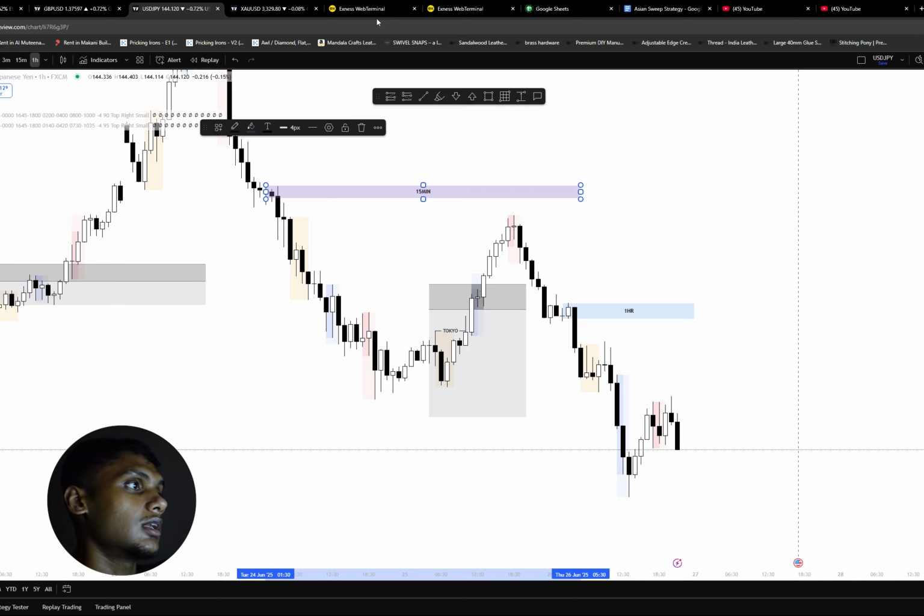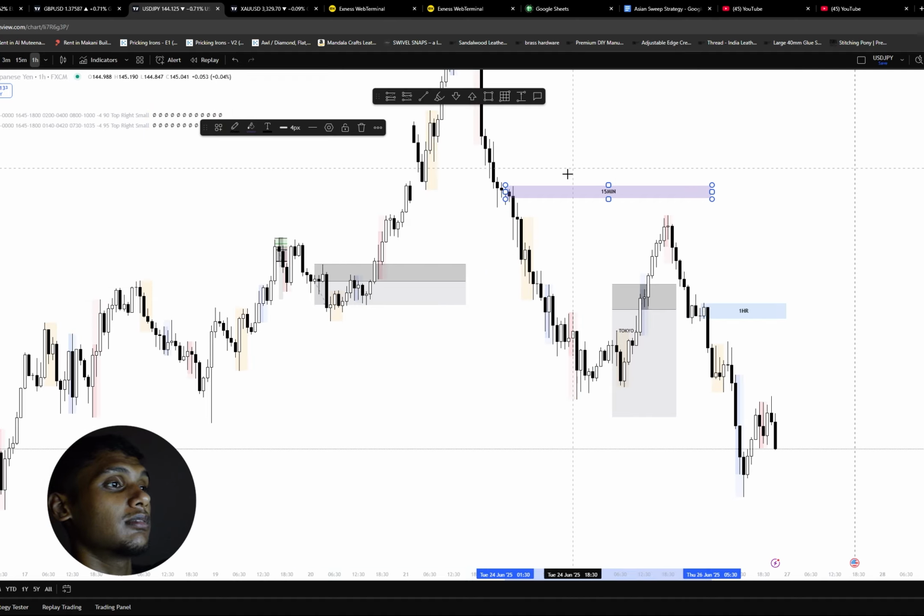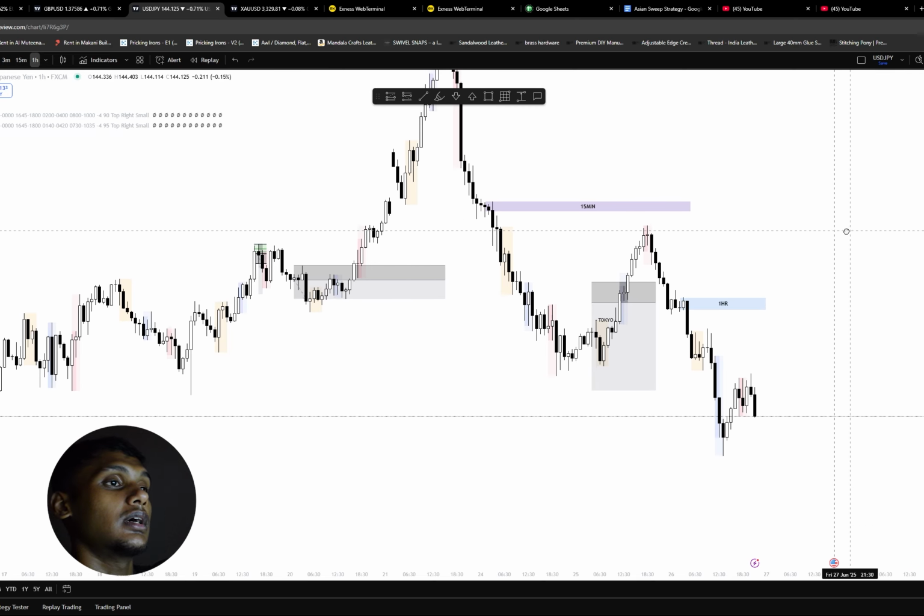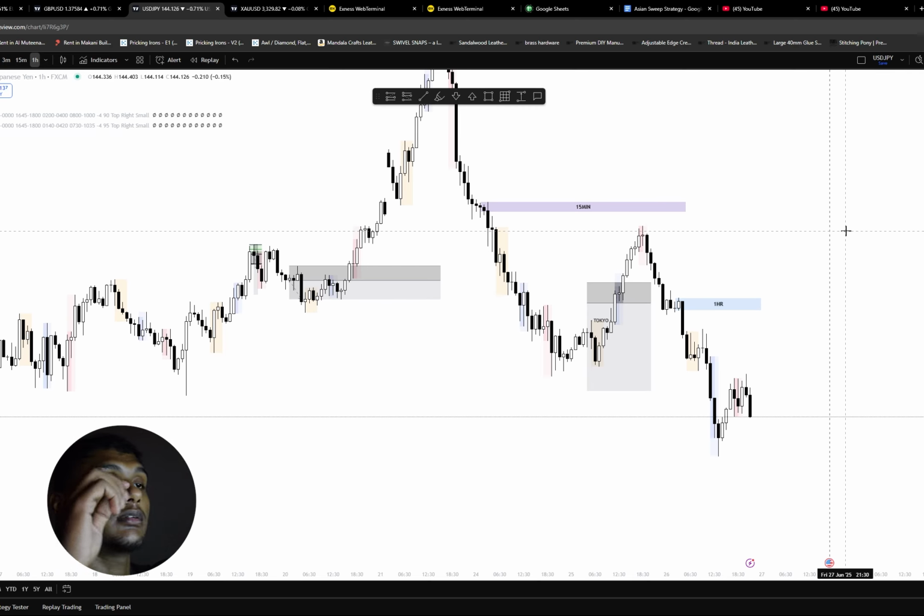Something just keeps happening, and somehow you just keep missing trades. Sometimes it's fear, sometimes it's the bad read of the markets, and all this is even more frustrating when you take a loss and you miss a lot of trades because of all these reasons.